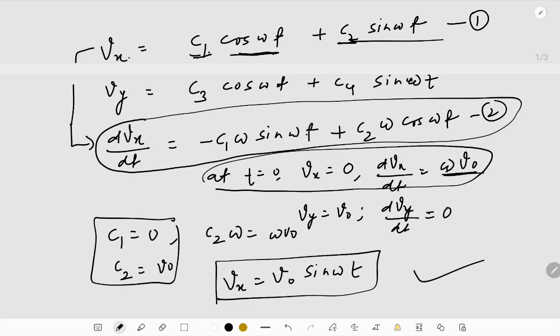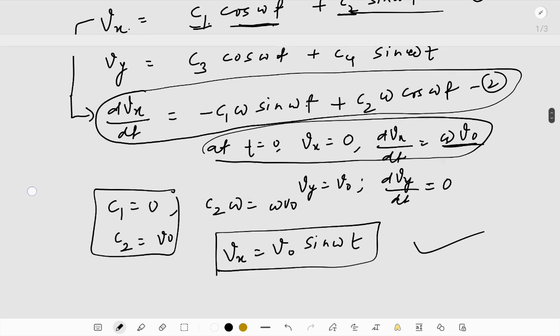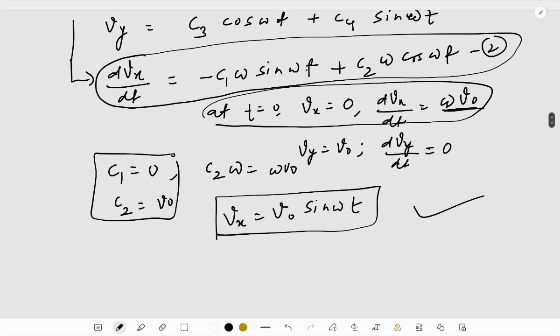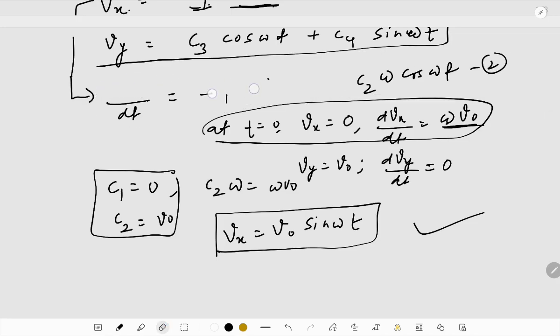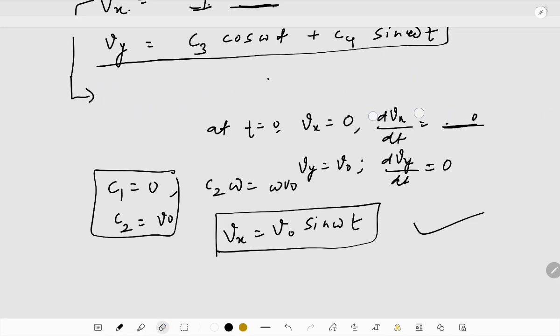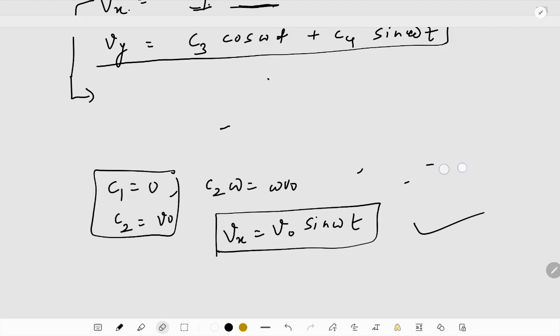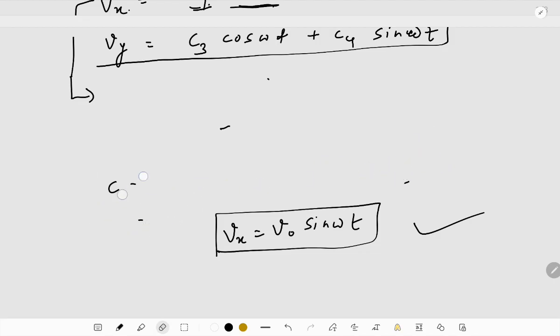Now I would like to find the value of Vy. Vy is here. I can remove something to write a new equation here, that is dVy by dt, because you can remember two equations, two unknowns.